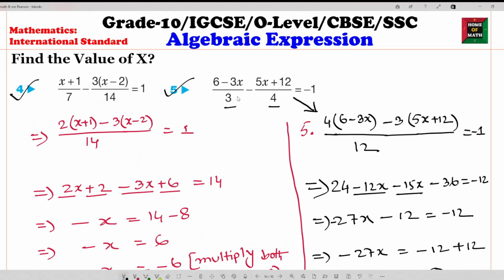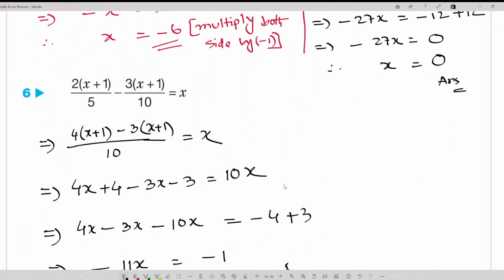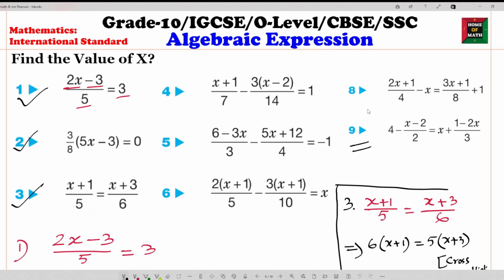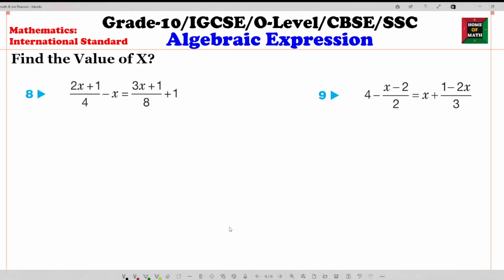So number 5 and 6 are done, and the last part, which is number what? 8 and 9. Number 8: (2x plus 1) divided by 4 minus x equals (3x plus 1) divided by 8 plus 1. So this one, first we make the LCM.